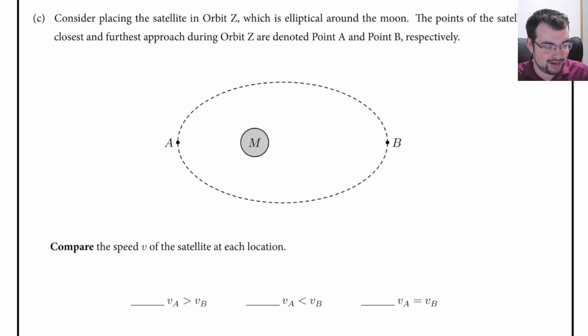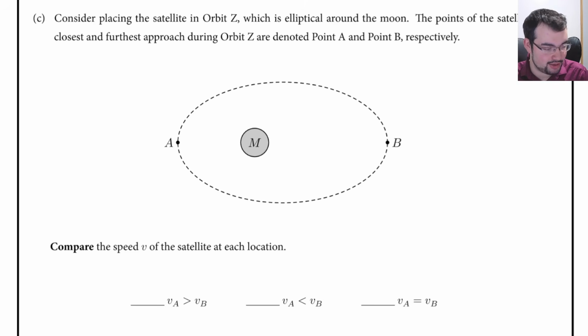And the only way that can happen is if you're going slow when you're far away, and going fast when you're close. And I totally neglected that in my rubric. If you somehow cite Kepler's second law, you absolutely deserve point C2, by the way. So we'll keep a note of that.